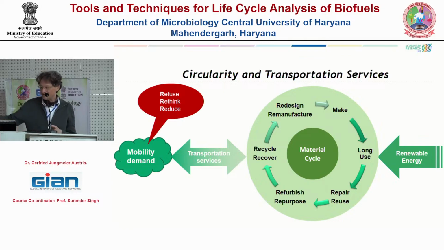And then you have the transportation service where you really have the materials involved. In an ideal case, all the materials go in a circle again and again, so nothing is lost. So you always redesign, remanufacture, make, use, repair, refurbish, recycle, recover. So this is the ideal case. And this cycle keeps running because you feed it with only renewable energy.